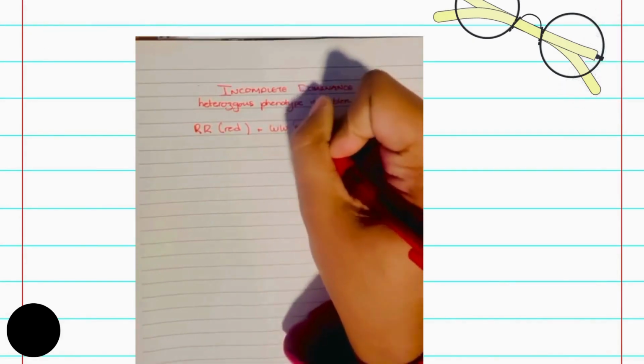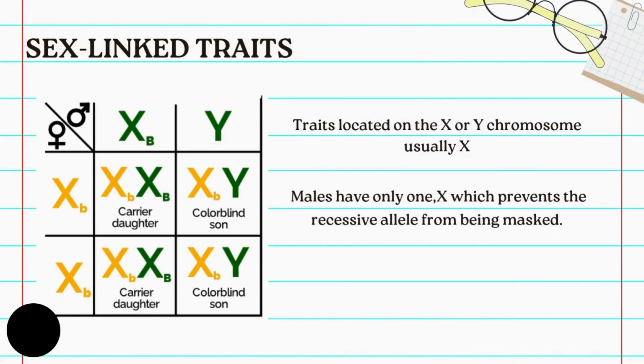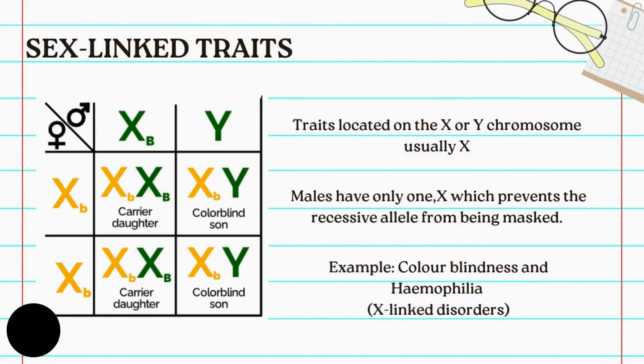Sex-linked traits are traits that are found on your X or Y chromosomes. Your X or Y chromosomes are your sex chromosomes, but most sex-linked traits are normally found on the X chromosome. And normally, if it's a trait that is found on the X chromosome, the male will normally have it.